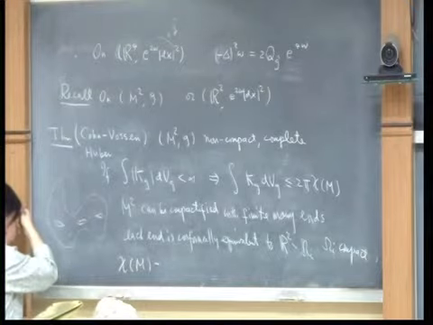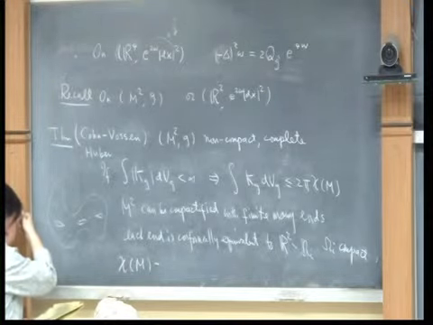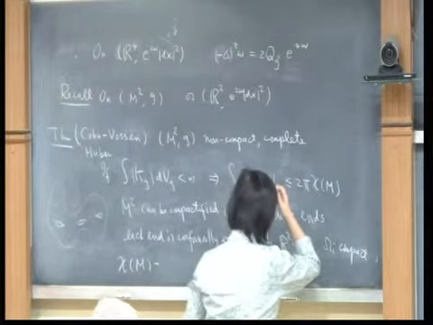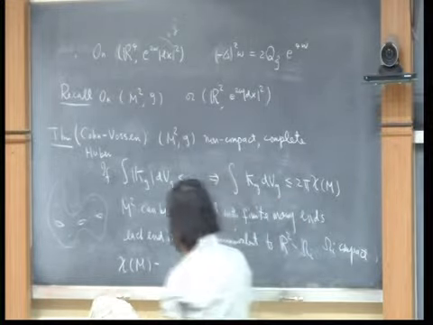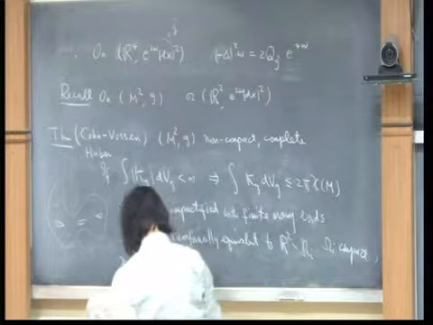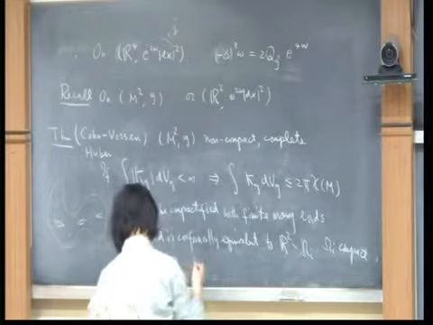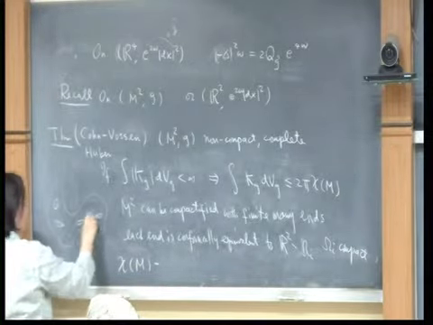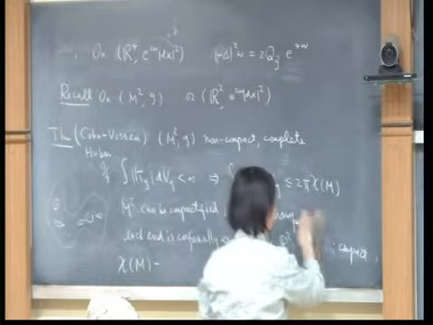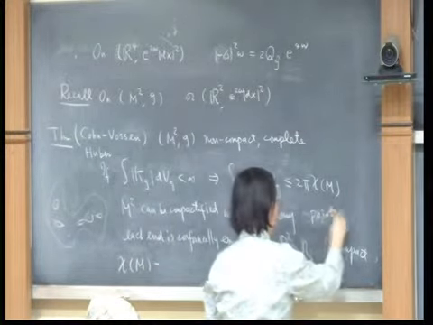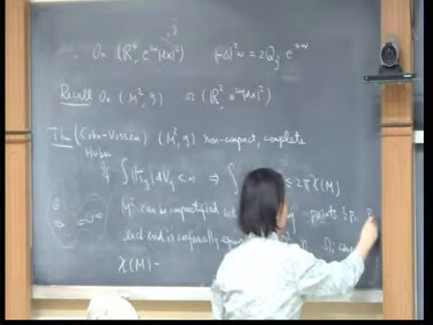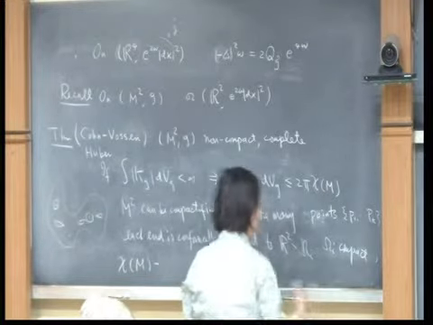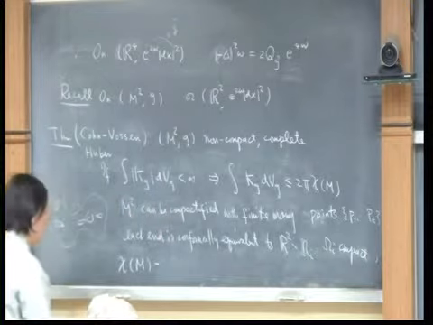So M is compactified by adding finitely many points, punctures, P1 up to Pk, and each omega i is a neighborhood with those points removed.